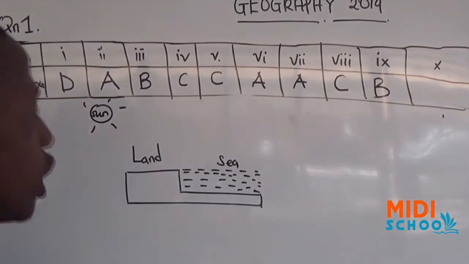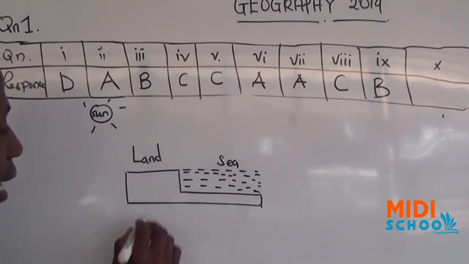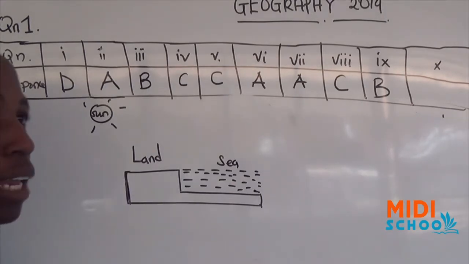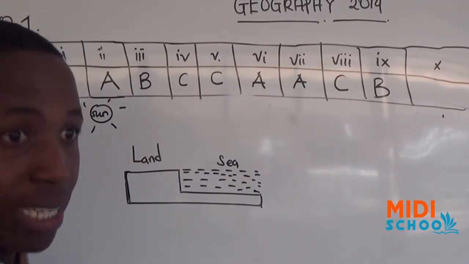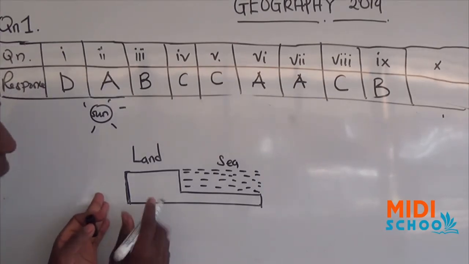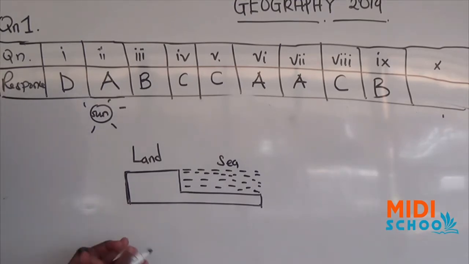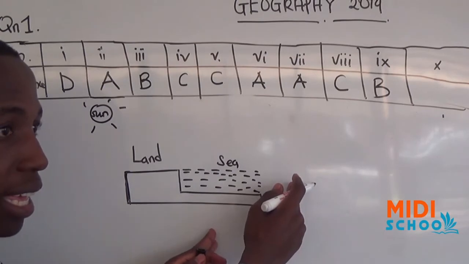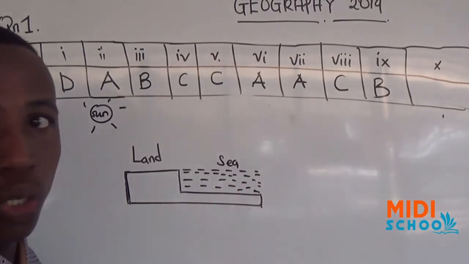As you remember, during the day there is high temperature on the land, because land has low heating capacity compared to water, so it heats faster. Sea water has high heating capacity, so it will take longer to warm up.